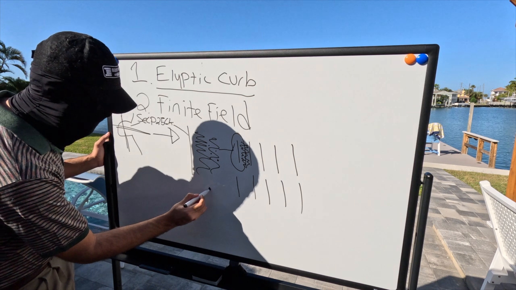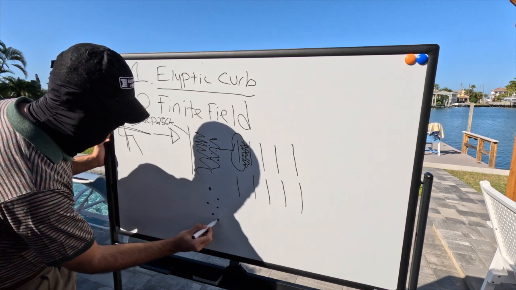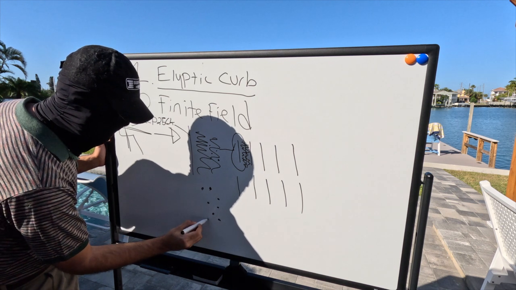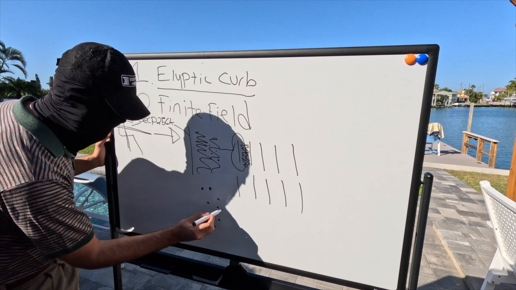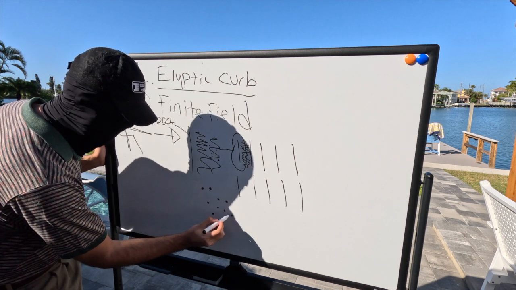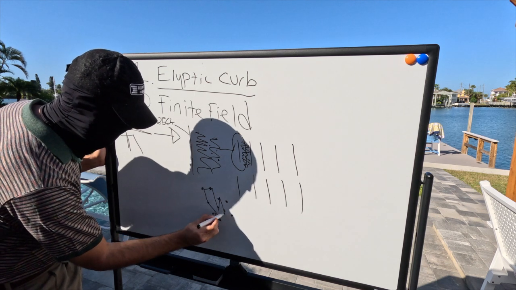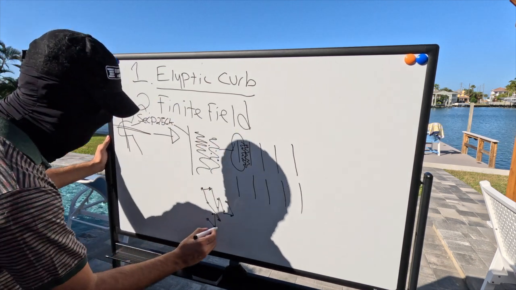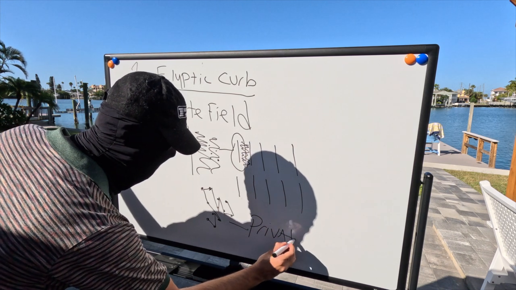A sequence of points, all right, is 1, 2, 3, 4, 5, 6, 7, 8, 9, 10, 11, 12. Each sequence of points is equivalent to a private key.